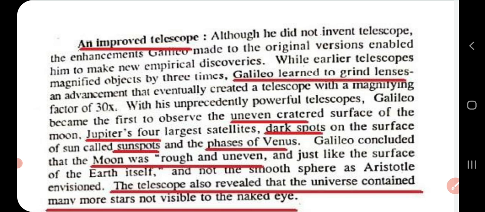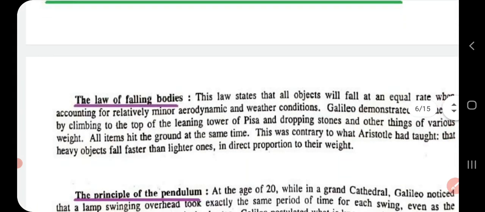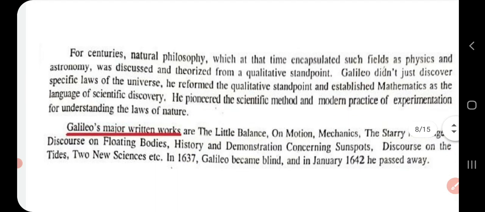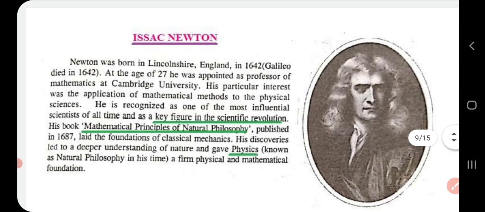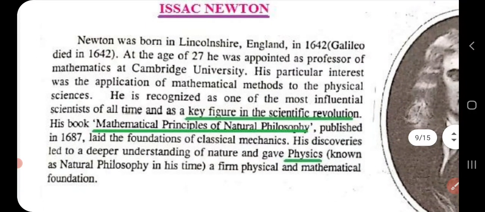Next, we will learn about Isaac Newton, about whom you are all quite familiar. He was born in England, and at the age of 27 he was appointed as professor of mathematics at Cambridge University. He made reasonable contributions to mathematics, and he was a key figure in the scientific revolution.